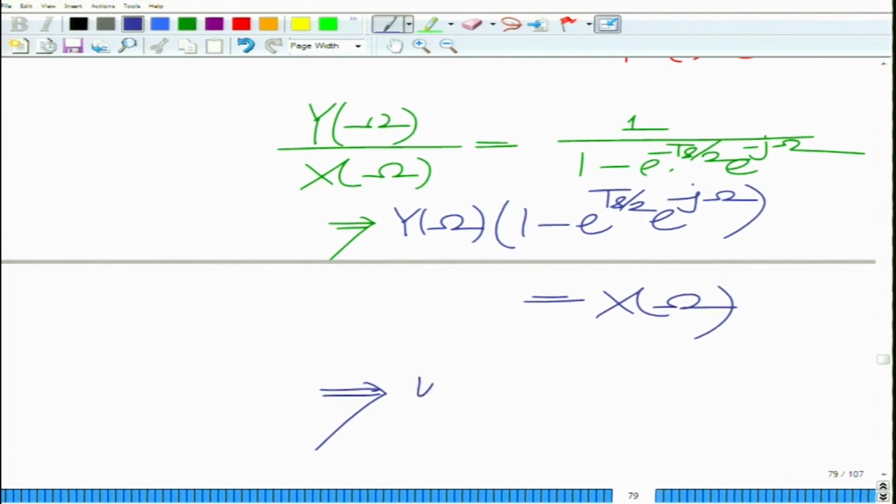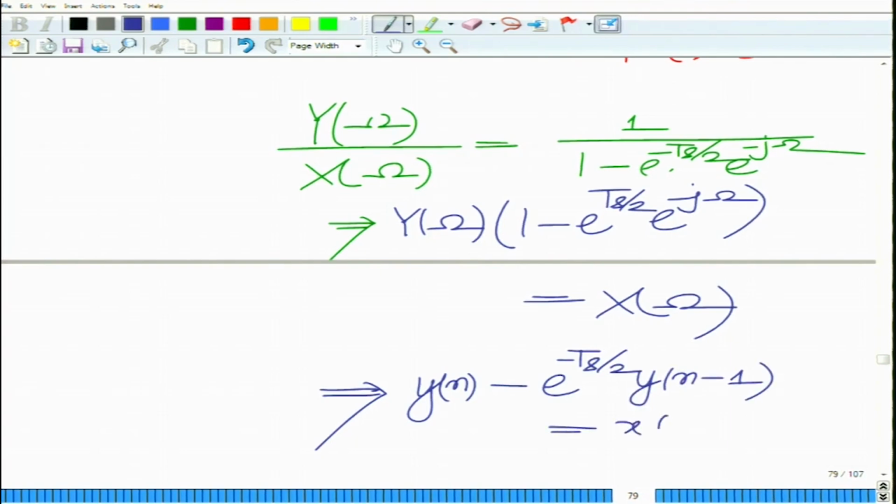Which implies that the difference equation is now given as y[n] minus e raised to minus Ts over 2 y[n minus 1] equals x[n].